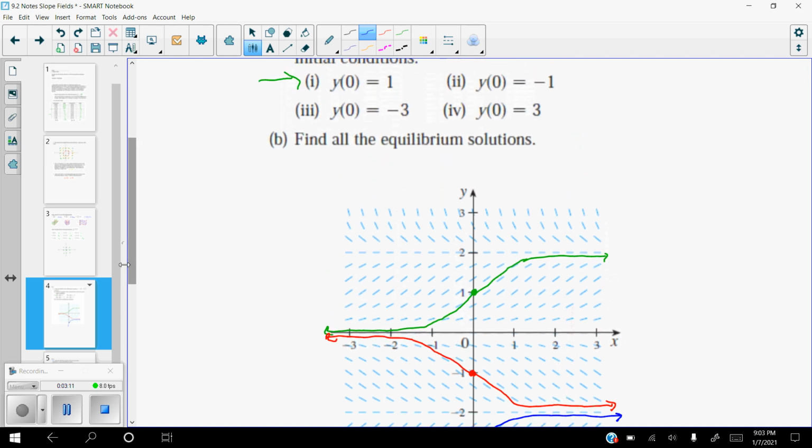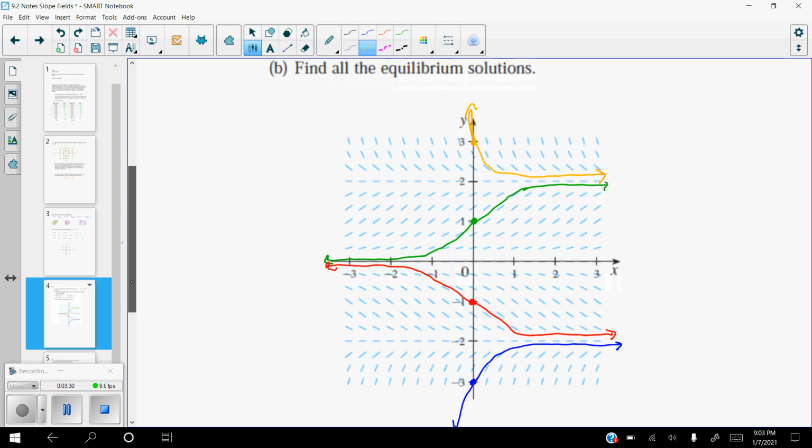And then the last one is y of 0 equals +3. That's up here. It's a very similar idea: as we go to the right, staying parallel, it's going to ride this like that, and then once again go off in that direction. So that is sketching all of the given initial conditions.